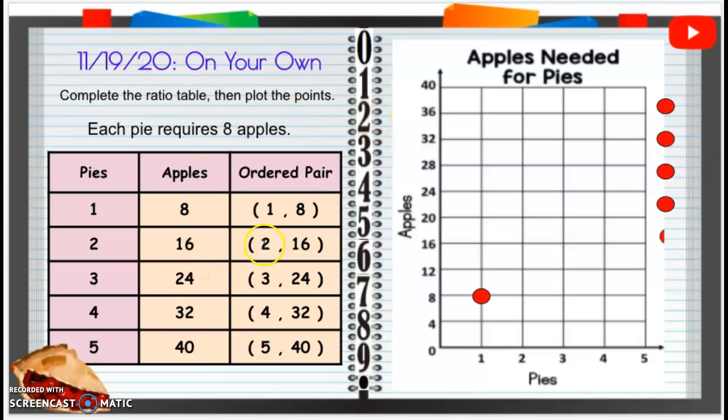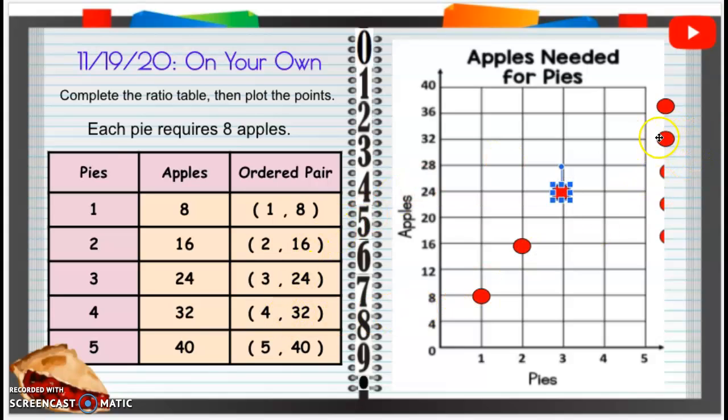All right, next one, over 2, up 16. So 2 pies, so I'm going to go over 2 pies. You see how this says pies. 2 pies, 16 apples. So I'm going to go up to that 16 mark. Then I have 3 pies and 24 apples.